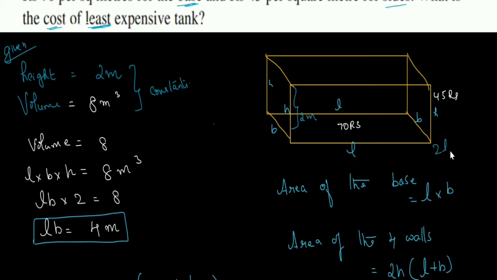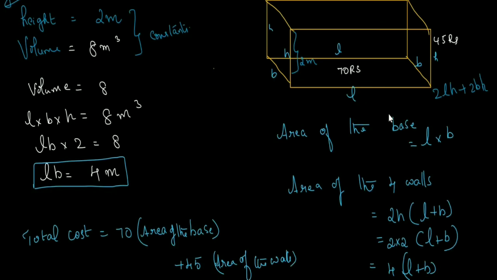So 2 times L into H plus 2 times B into H. Take out 2h outside, so the area of the 4 walls will be 2h into L plus B. But the height is given as 2 meters, so substitute h is 2. You get 4 into L plus B.